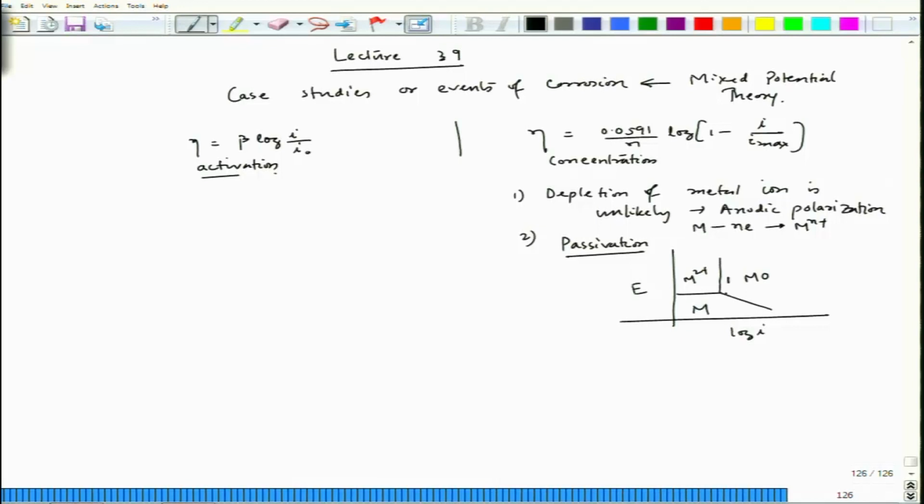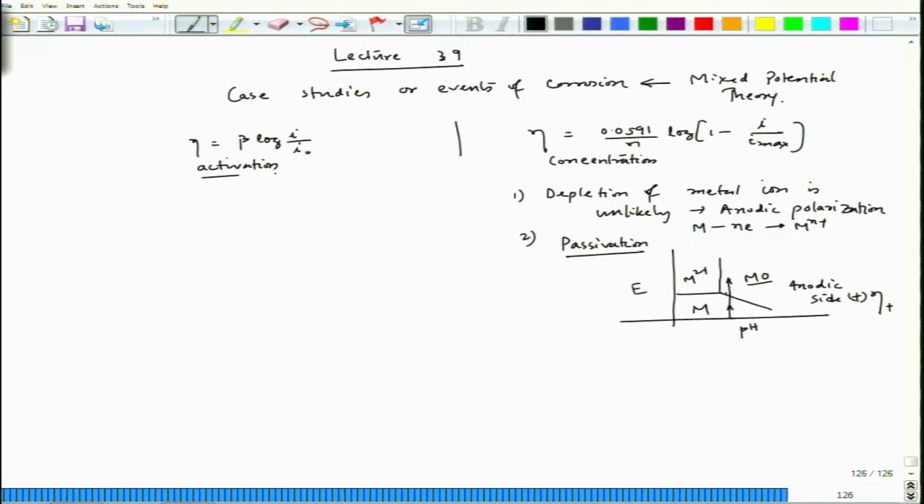If I operate at this pH, as I go upward, that means on the anodic or positive side, eta is positive. Then initially it is in the metal part, and then finally it goes to the metal oxide part. So, you have metal oxide forming on the metal surface, which can lead to passivation.